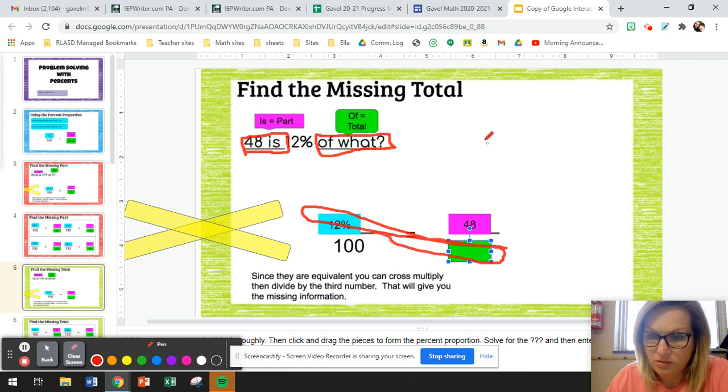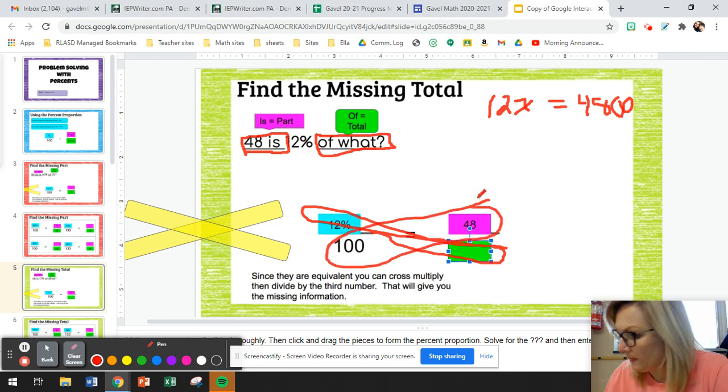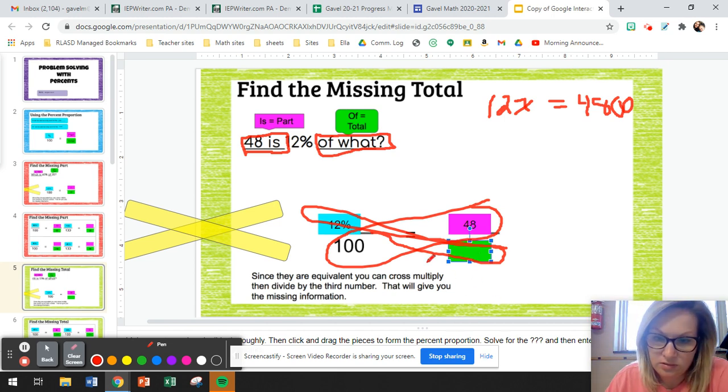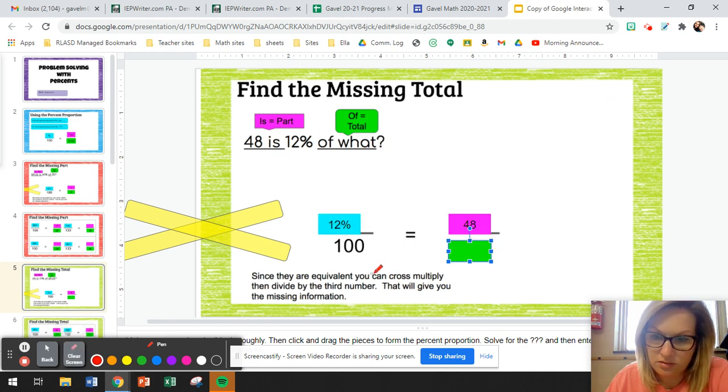So 12x equals 4,800 because you multiplied 48 by 100. And 4,800 divided by 12 equals 400. So then in here, you'll put 400.